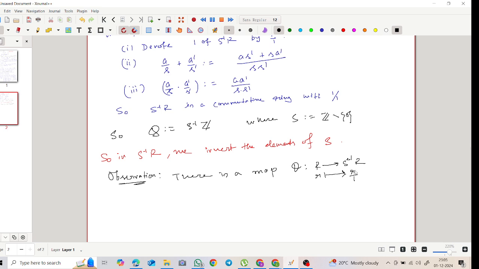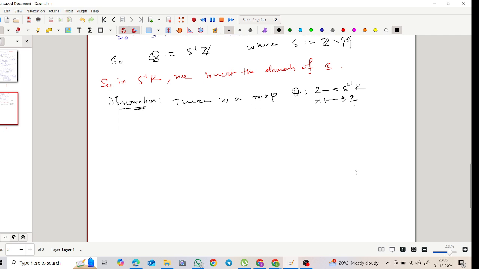Do you guys know the definition of a ring homomorphism? Bhushan, are you aware of the definition of a ring homomorphism?